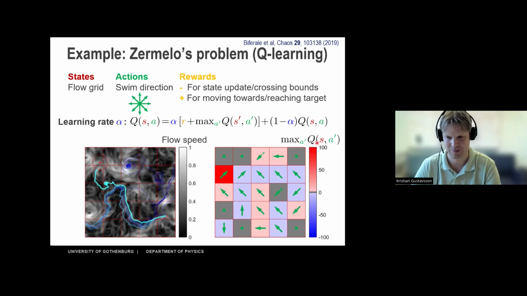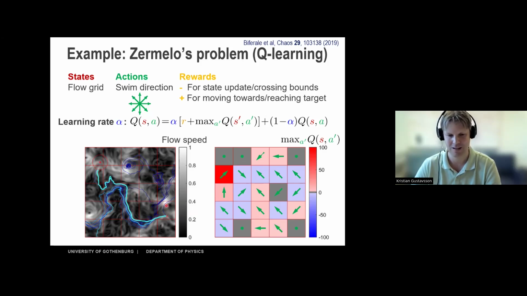So that's a high Q value here. But the next trajectory still follows whatever information it had down here, so it doesn't know about this large reward yet.